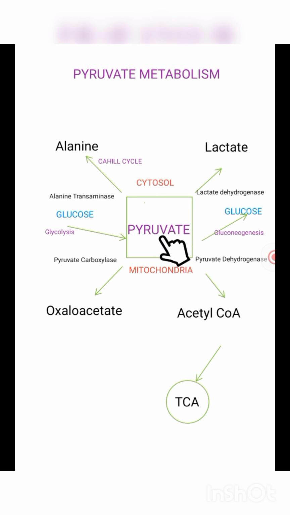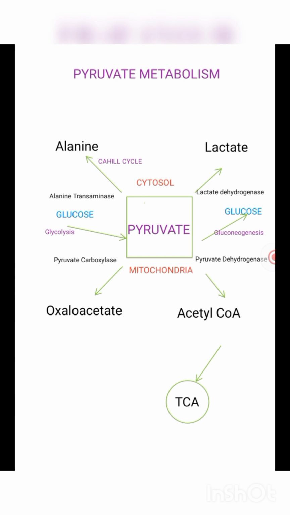But you have to know also that pyruvate can still be converted back to glucose using gluconeogenesis. Now, this is what you have to know. So glycolysis converts glucose to pyruvate. Pyruvate can still be converted back to glucose using gluconeogenesis.